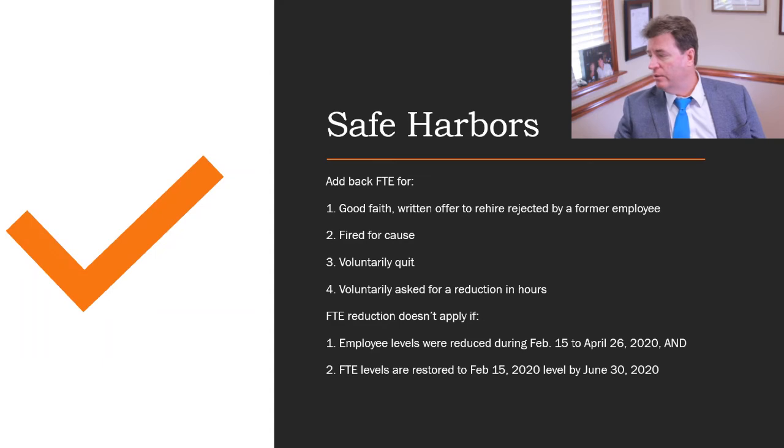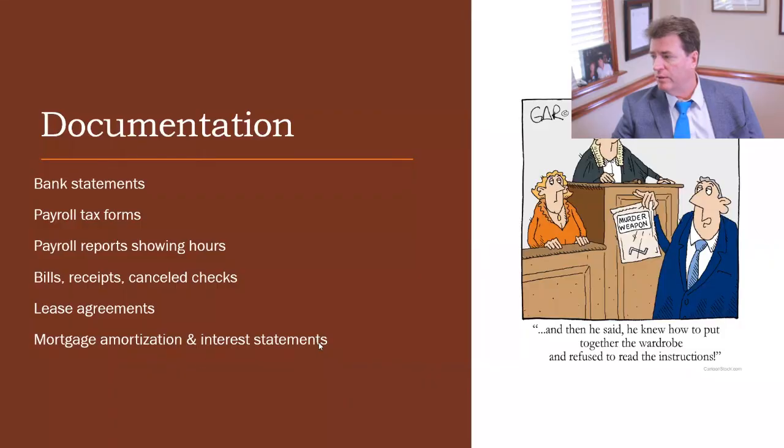So those are really important things to know in calculating this FTE. And that's such a big driver. The number of employees is the big driver of how much of this loan is going to be forgiven in a lot of cases.